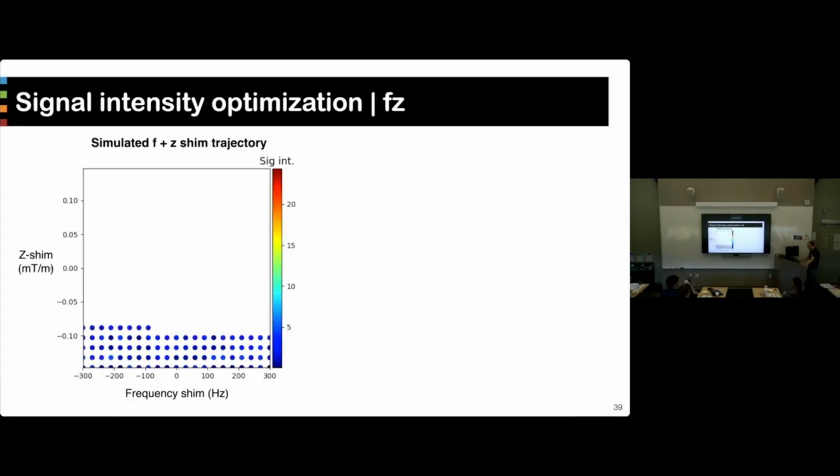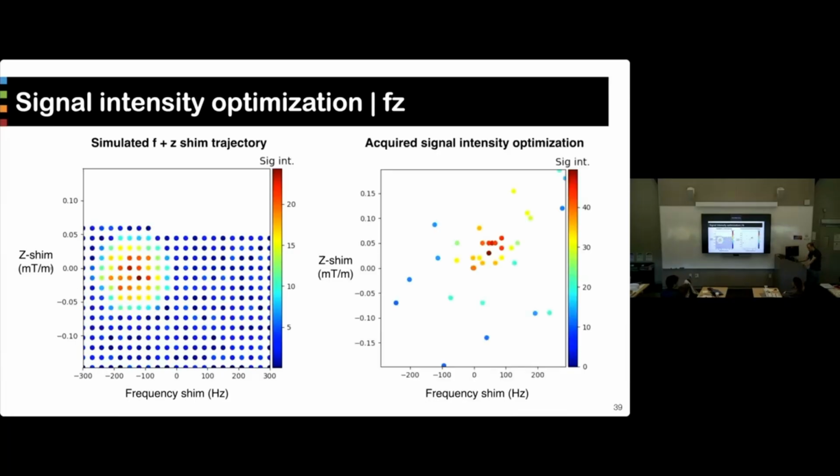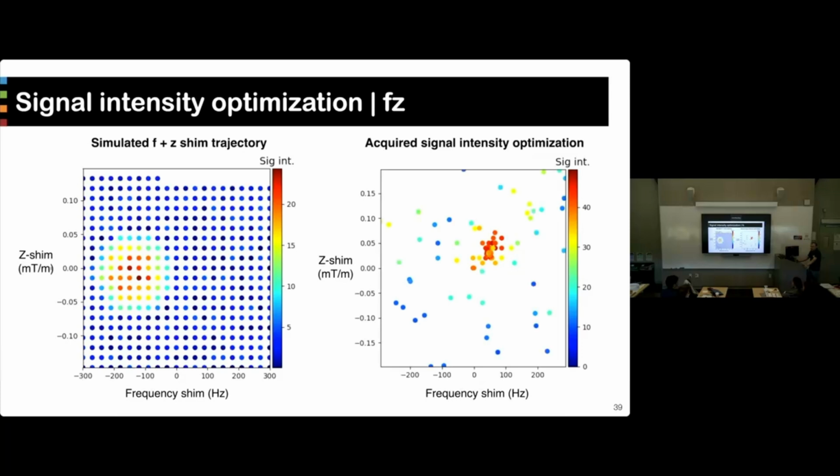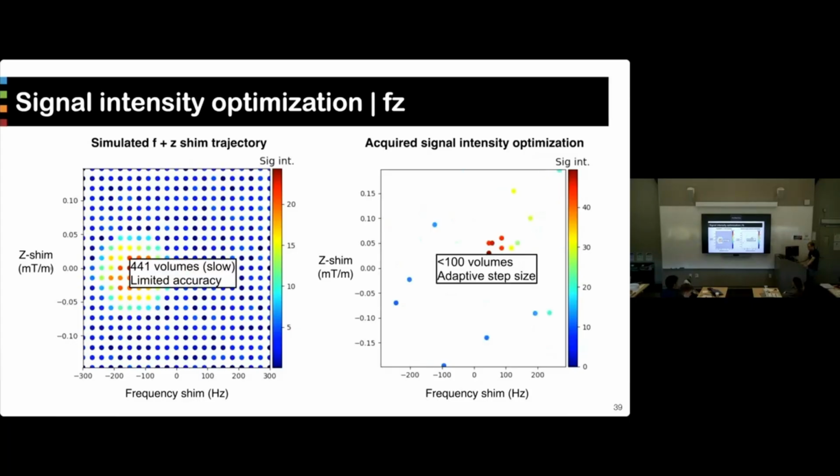And then this process just runs, and instead of acquiring your 21 by 21 matrix, what we can do is actually an optimization because we have access to the signal intensity in real time. So we start from 441 volumes to much less than that. I've written less than 100 because we're at the beginning of doing this.